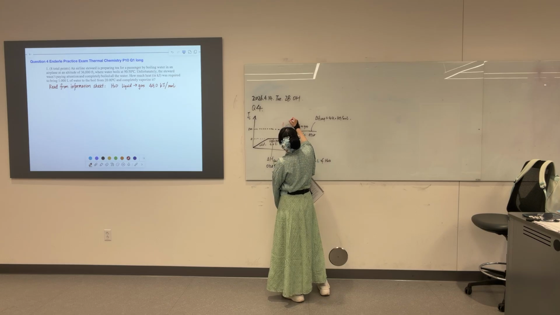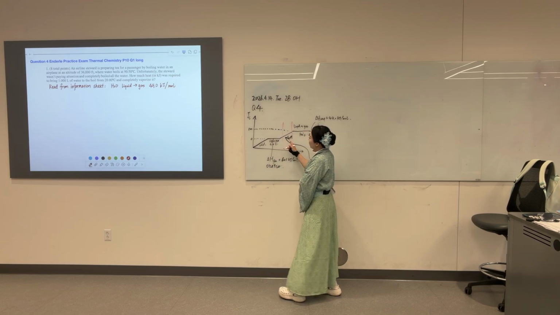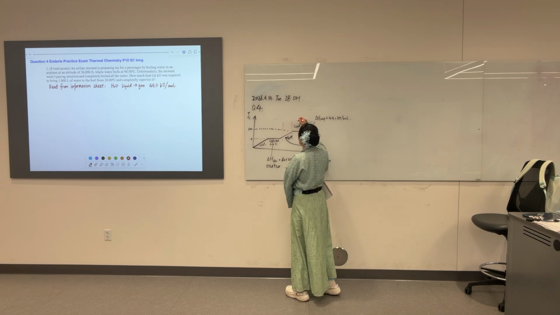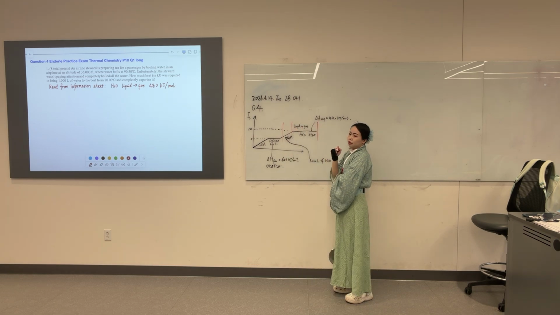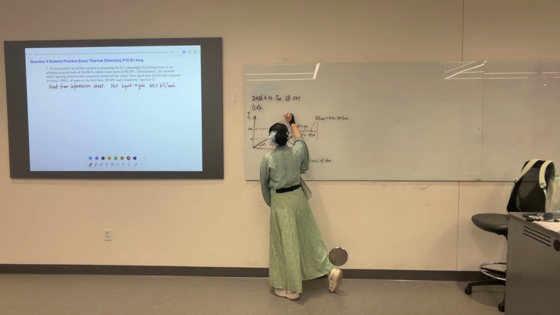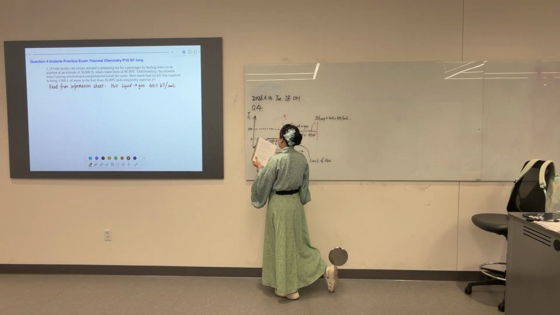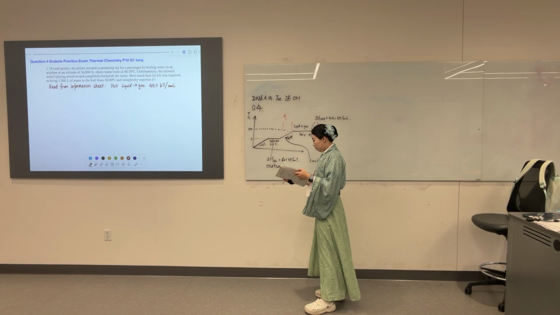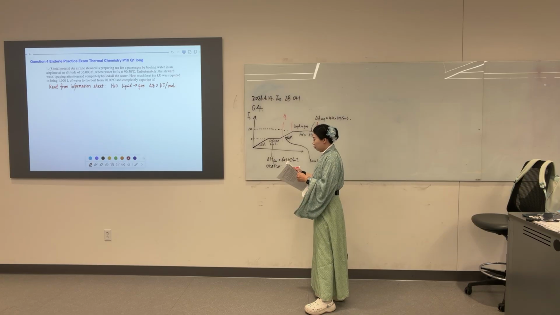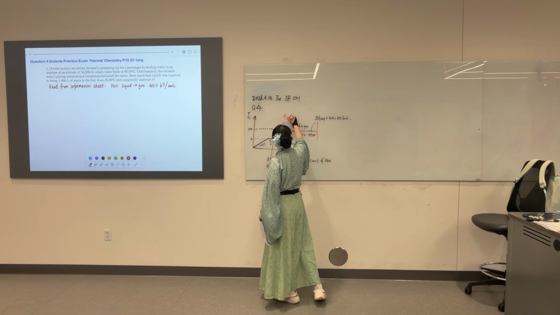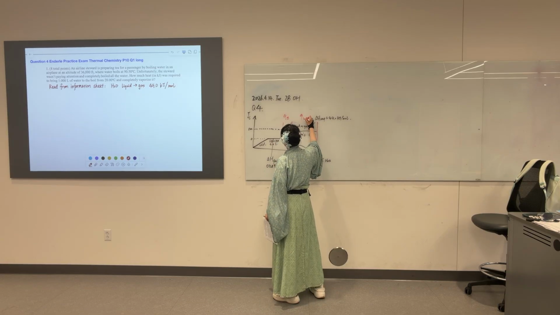This is one stage, where you can use mCp delta T. And the second stage is all the water going from liquid to gas. Let me see what letter they use. They didn't use a letter for it. Let me just write this as Q1, and this one will be Q2.